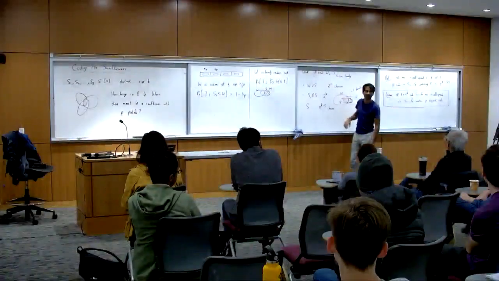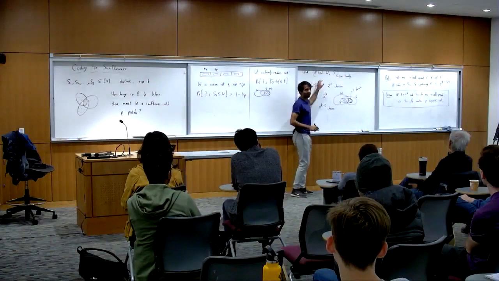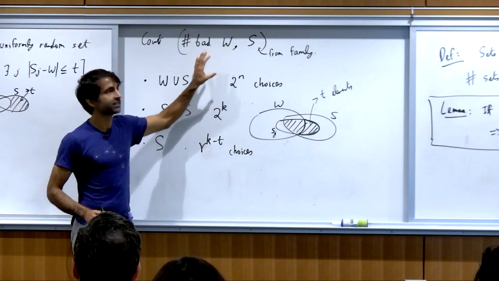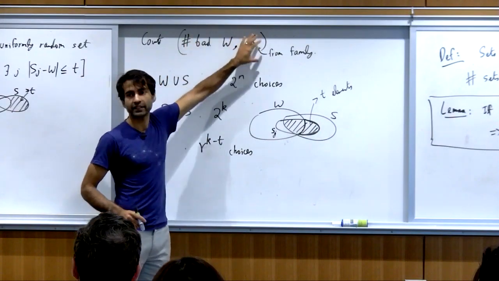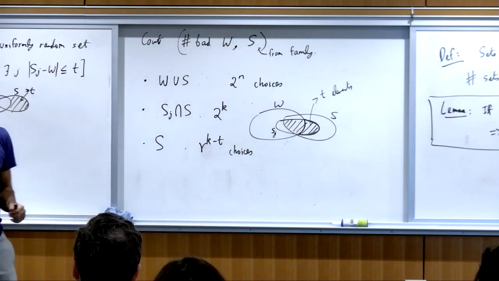No, S is one set in the family. So S is equal to either S1 or S2 or S3. It's not a fixed one, but it's any choice. We're taking all possible pairs here, every bad W and every S from the family, and we're counting the number of those pairs. That's what we're doing.